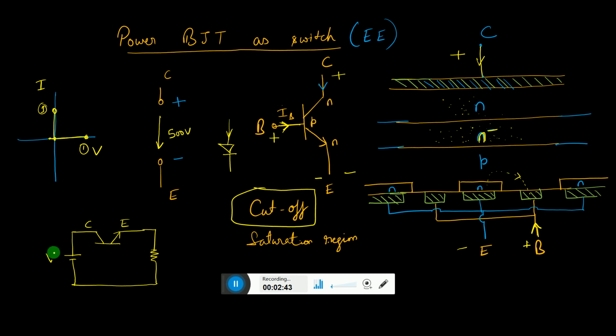Let us say the supply voltage is V, and this is positive voltage, and the other terminal is the base. Now the base current is the control through which you can turn on the switch and turn off the switch.